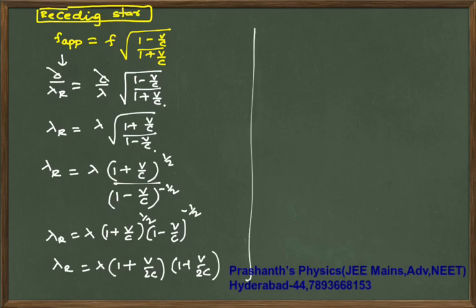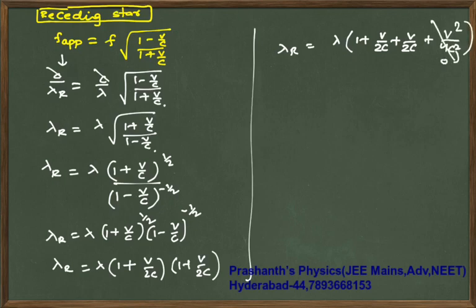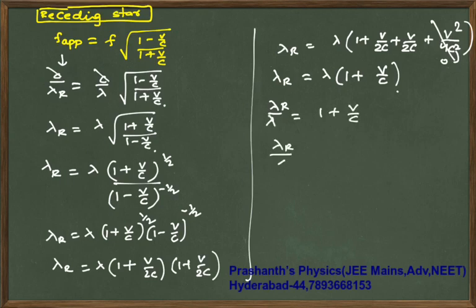Yeah. So writing this, lambda r is equal to lambda times 1 plus v by 2c plus v by 2c plus v square by 4c square. This term is negligible, it is 0. So lambda r is equal to lambda times 1 plus v by c. So lambda r by lambda is 1 plus v by c. Lambda r by lambda minus 1 is v by c.